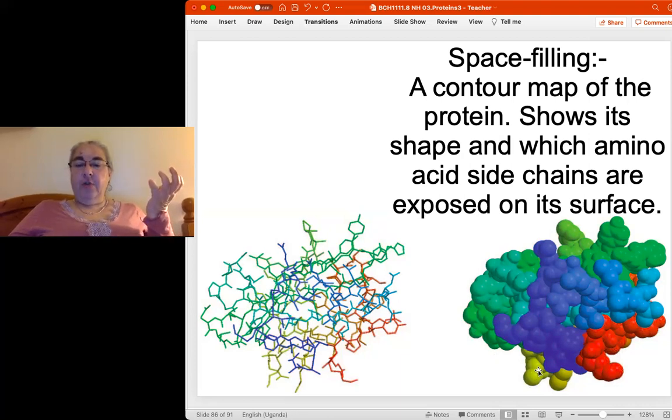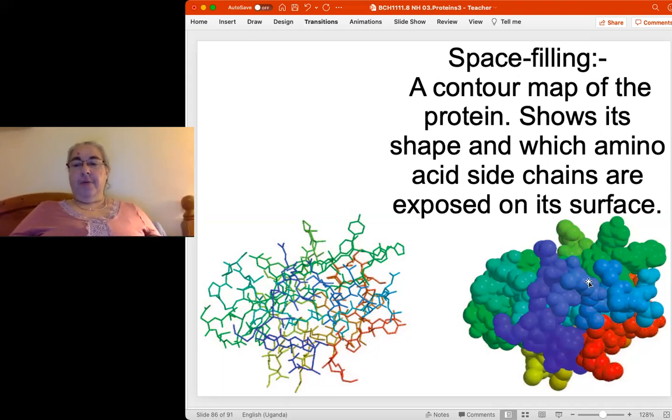So each of the R groups is being represented with the size that it is. Okay, so here, for instance, we have a ring. This is probably tryptophan, I think, sticking up from the side. And here we see that represented. So we're seeing a large R group sticking out from the surface of the protein.